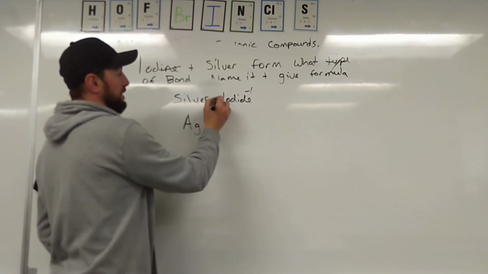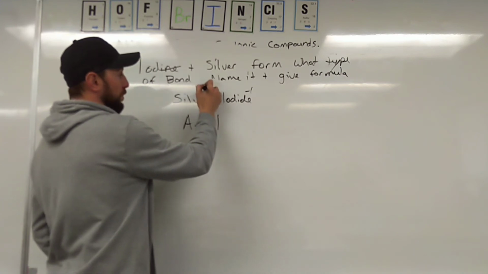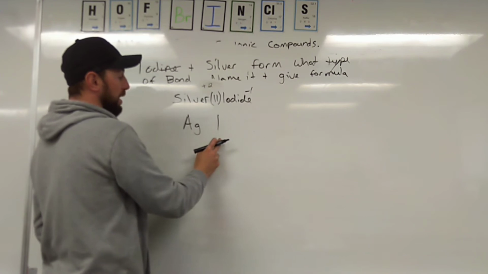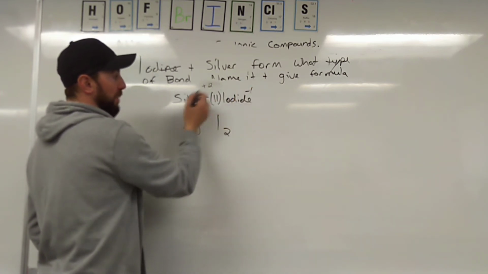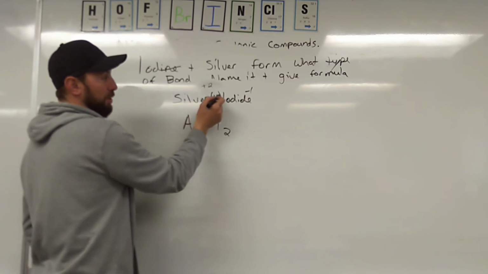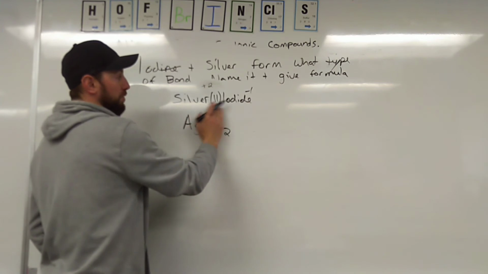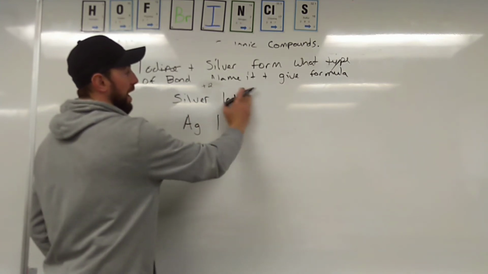If it was silver, Roman numeral 2 iodide, then silver would be +2. So then, rather than AgI, it would be AgI2, because you need 2 of these to balance out with this, because we're telling you that the charge of this is +2. But because I wrote down silver iodide, it would just be AgI.